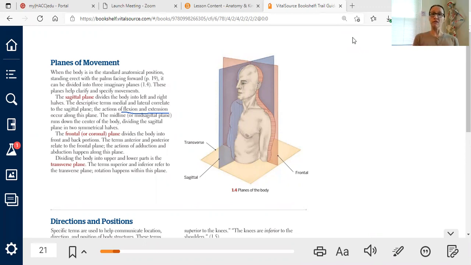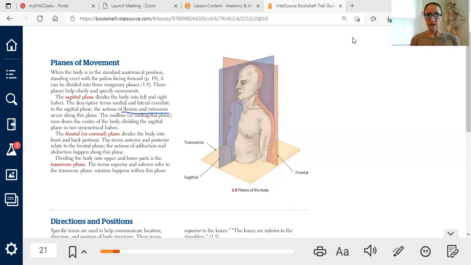But you can go along the board, so you can go into flexion and extension, or front and back movements along the board, but you can't go side to side and you can't turn your head at all. Just flexion and extension, okay? So the movements are along the plane, not against it, okay? All right, so flexion and extension can be performed along the sagittal plane.